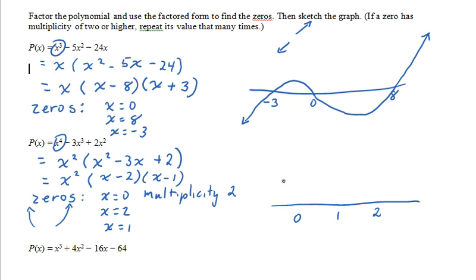So it's going to come down from above, bounce off the axis at x equals 0, come back through x equals 1, then come up and increase for values of x larger than the largest x-intercept. So the graph will look something like this. In this case, 2 local minimums, 1 local maximum.